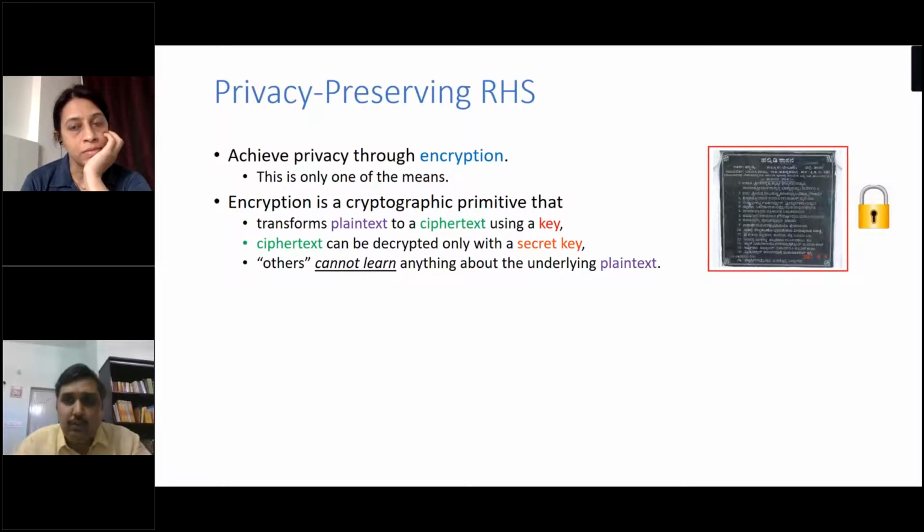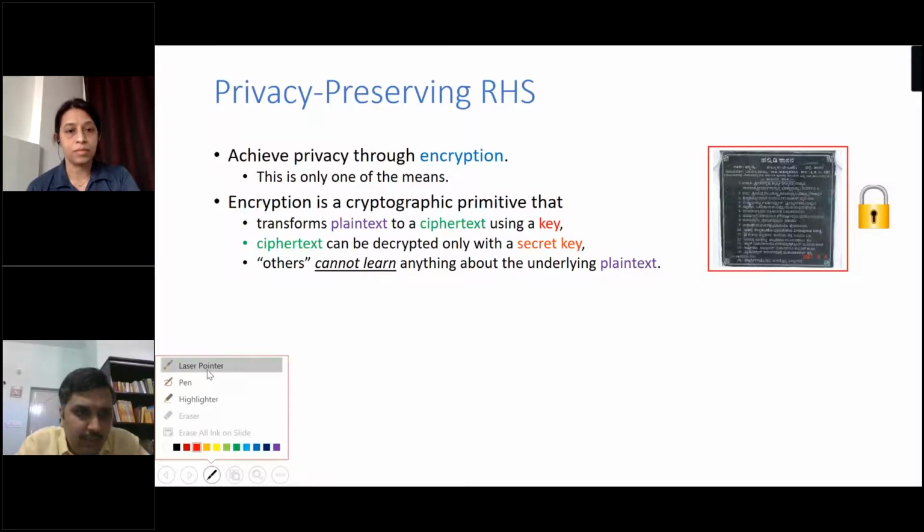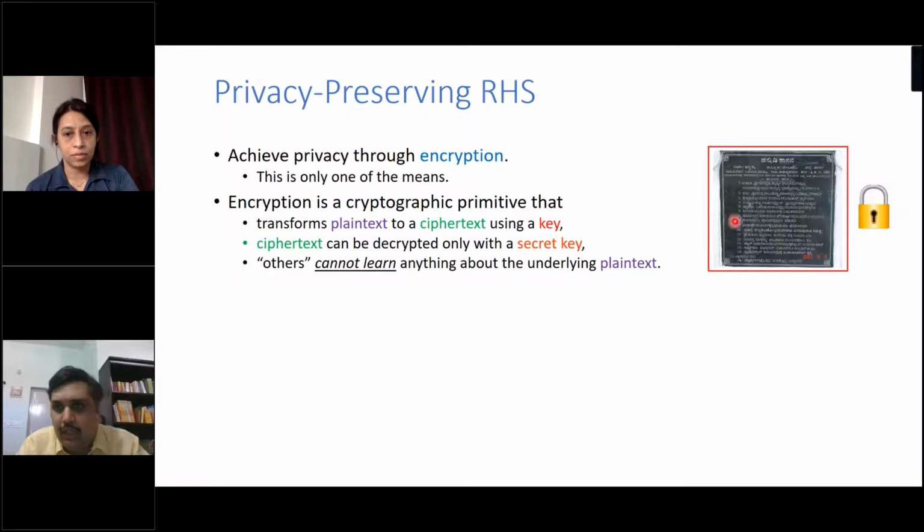For instance, what you see on the right of my screen is an inscription in the Kannada language, one of the early inscriptions called the Halmidi inscription. Let's assume that's the plain text. When I put a red box and a lock, that means it's encrypted.